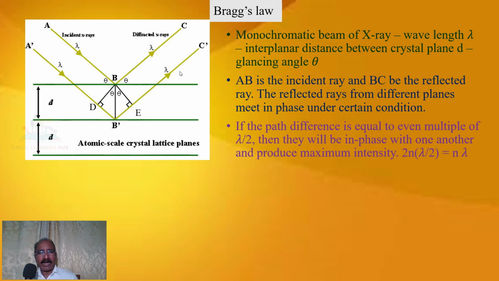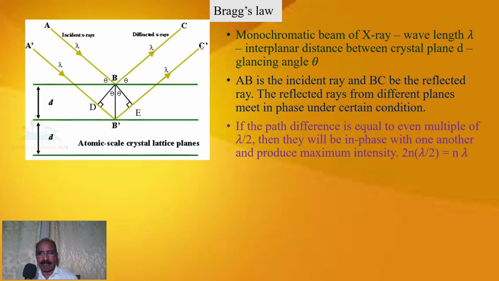So if the path difference between the two rays is equal to an even multiple of lambda by 2, then these two rays will be in phase with one another, and they will produce a maximum intensity. So this is the condition for interference of the diffracted rays. ABC is one ray, A dash B dash C dash is another ray.